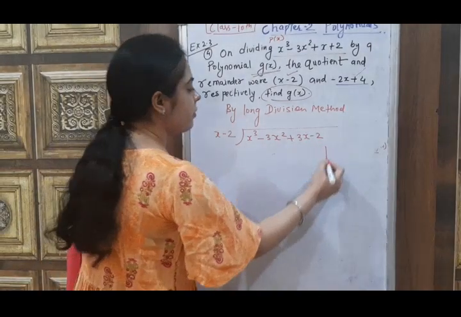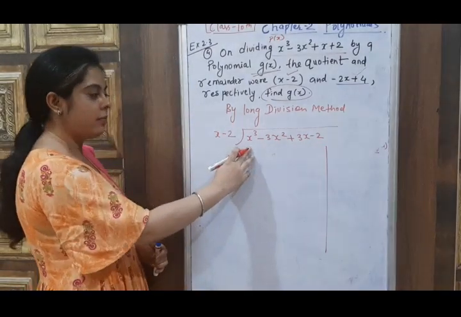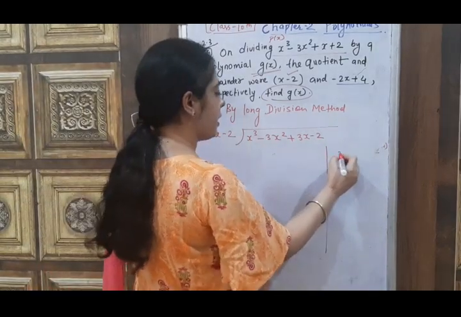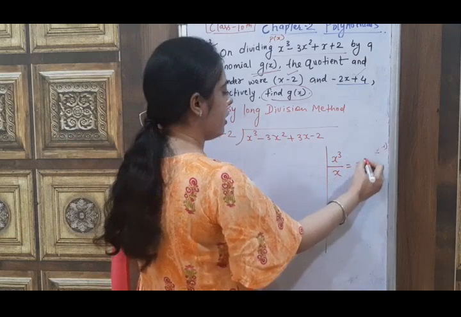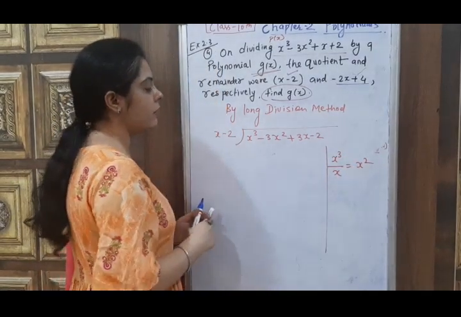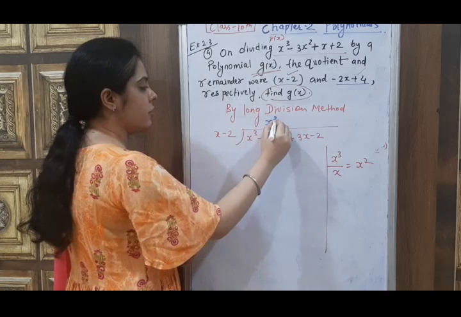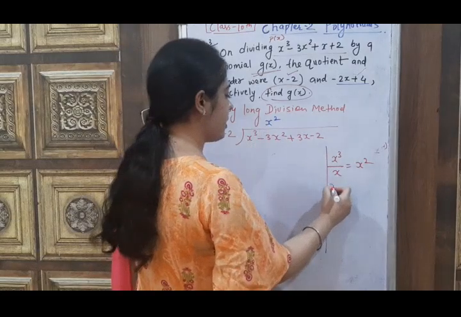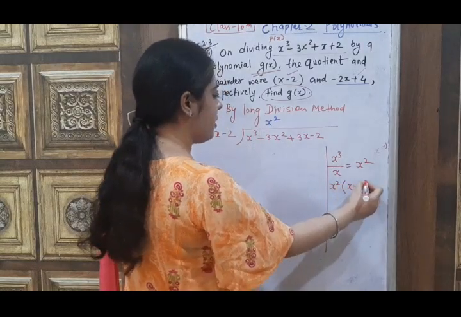So for division, first we take the first term of this and just divide. So x cube upon x. So here we get x square, and this x square will be the first term of this qx, and we have to multiply this x square with x minus 2.